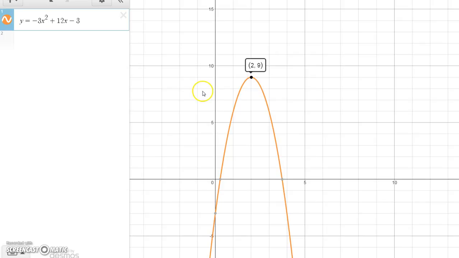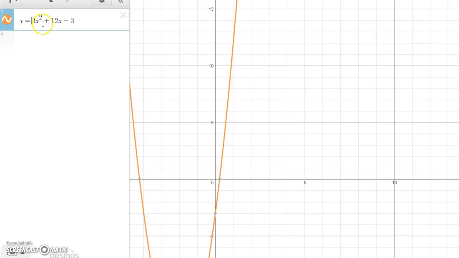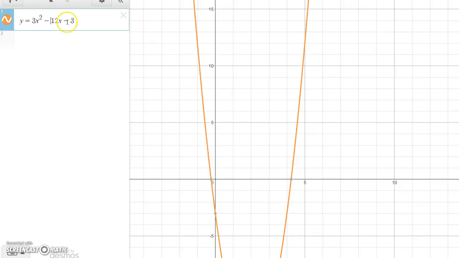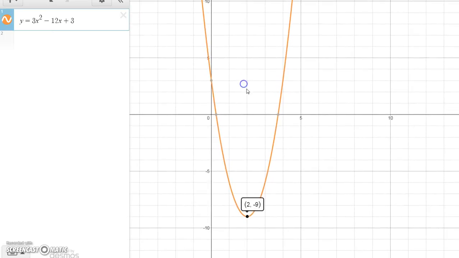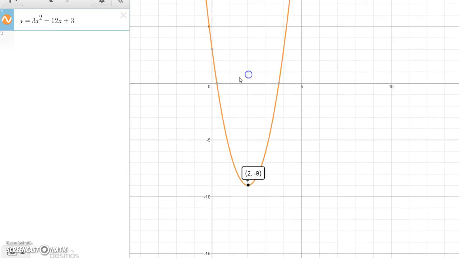Now, let's say the function opened down. I'm going to do a little magic here. I'm sorry, did I say down? Up. Let's say it opens up. If the function opens upward, then this value at the vertex would actually be the minimum.